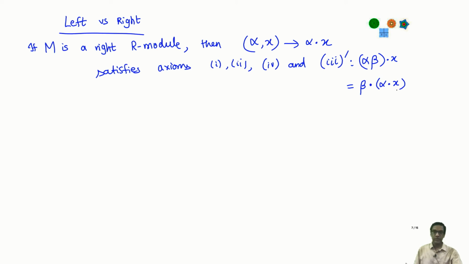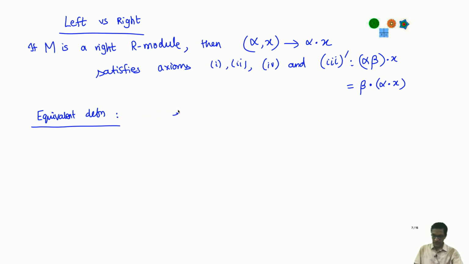So the question is, what does it become from the second definition point of view? Let me just state it. It should be more or less clear. The equivalent definition is the following, analogous to the definition we gave for left modules. What is a right module?